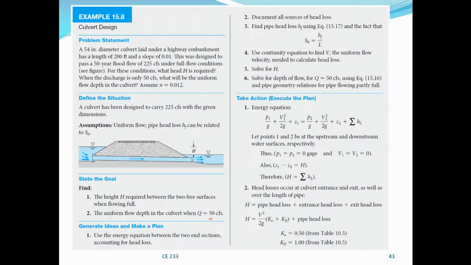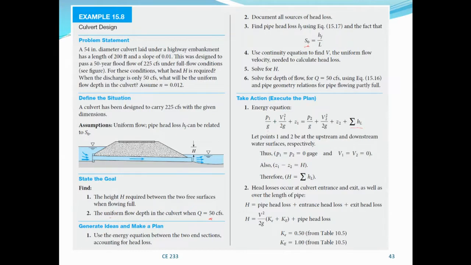And to find the head loss HF using this, the bed slope is equal to HF over L. So that is assuming uniform flow. So in this case, we use the energy equation. We don't have any pump or turbine, so we only have head loss.